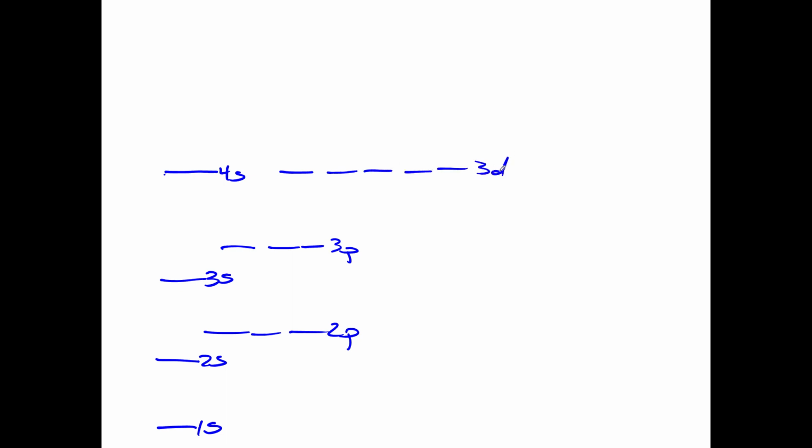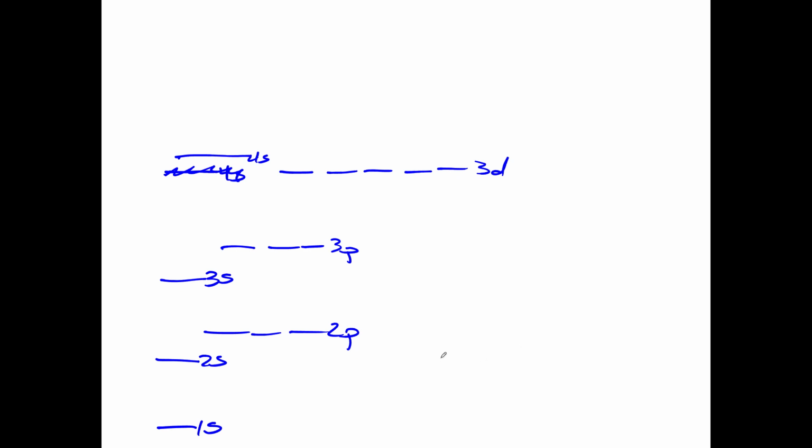The 4s and the 3d are basically almost on the same line. The 4s is actually a little bit higher. Let me rewrite. But the 4s gets filled first because of where it is located.